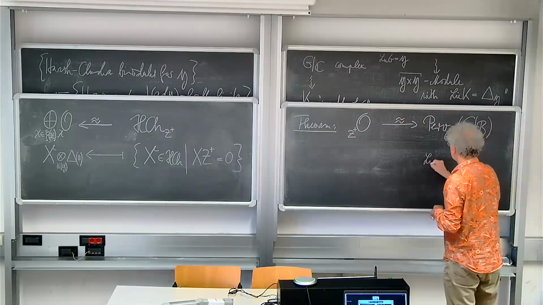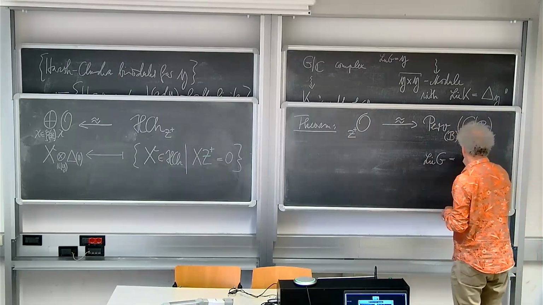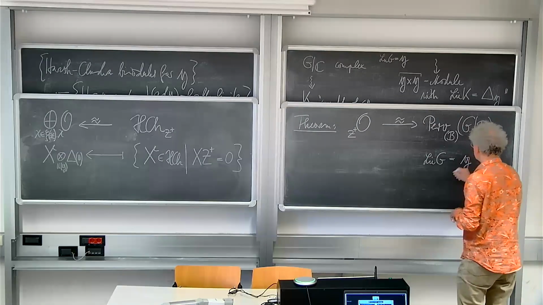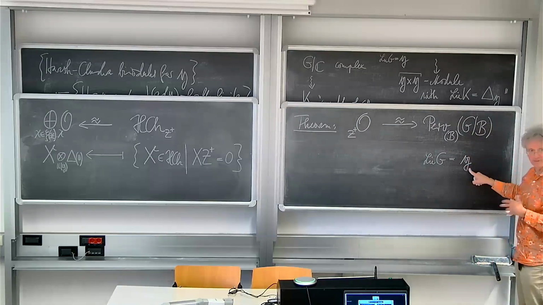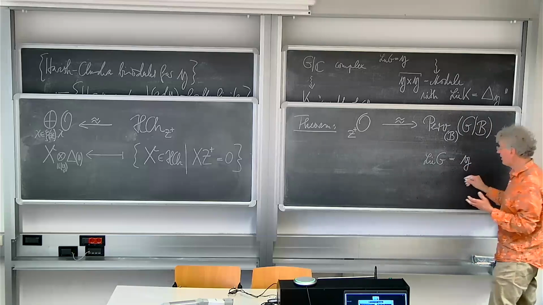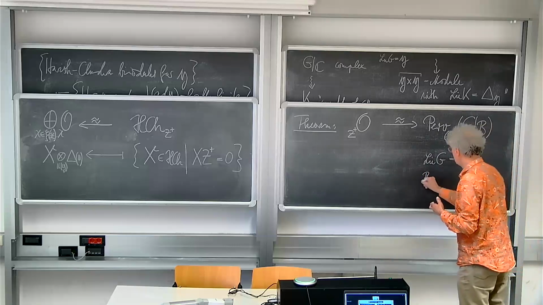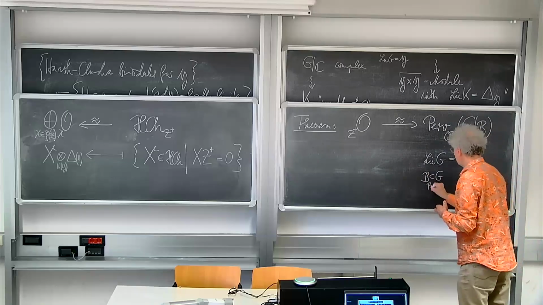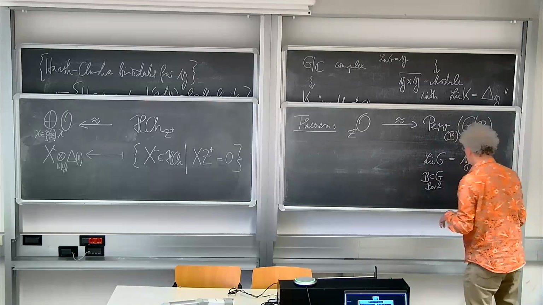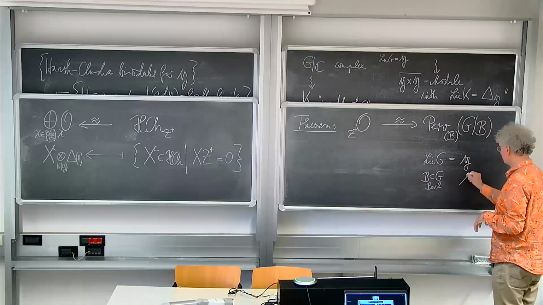So here the Lie algebra of V is G. This is a complex algebraic group, and the Lie algebra is the same as the Lie algebra I had. And similarly, B is a Borel, and corresponds to this Borel here.